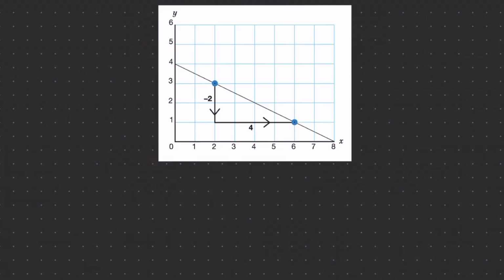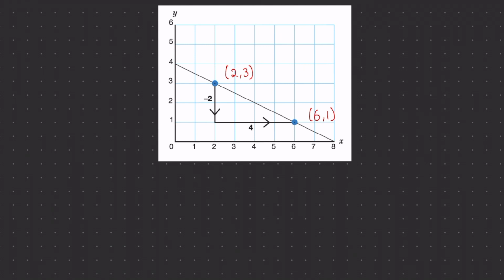Let's take a look at this example question here. We have two blue dots, two blue coordinates on my coordinate grid, and I'm going to work out the gradient of this line using those 2 points. The first thing that I'm going to do is write down the coordinates of each point. The second one will be 6, 1. Now we work this out, just like before, using the formula that I described. I'm going to choose a first point and a second point.